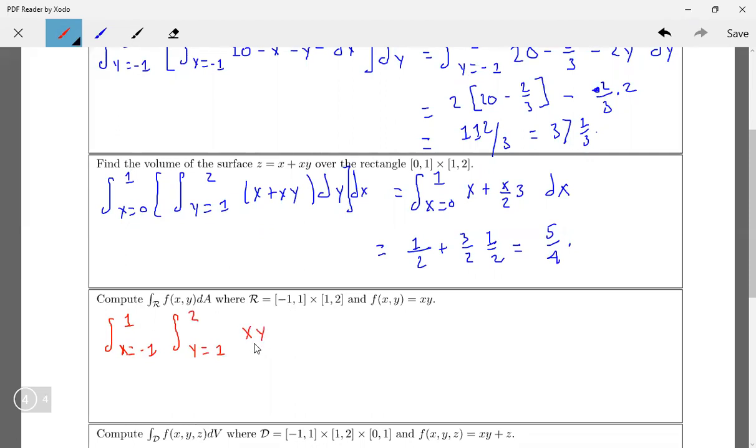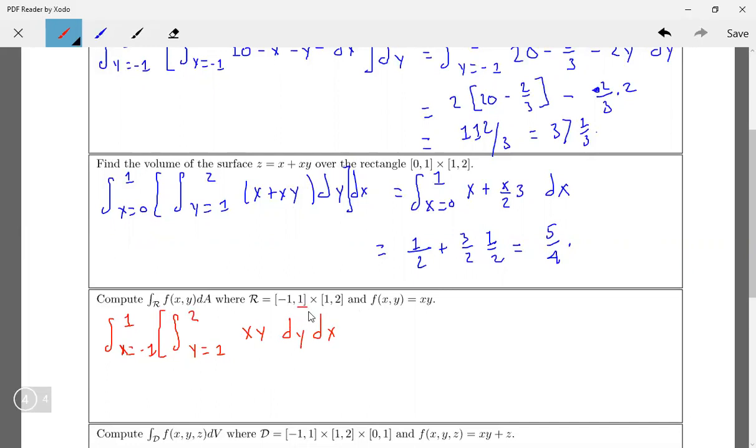The new thing here is that I've written it in a new way. I've used this symbol, I've said what the region is, I've said what the function is, and now I'm making you fill everything else in. So this is dy dx. Essentially, when you're computing a multiple integral, you have to figure out what the iterated integral is going to be, and then you have to compute the iterated integral.